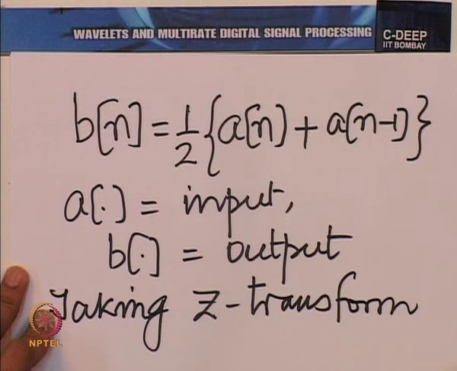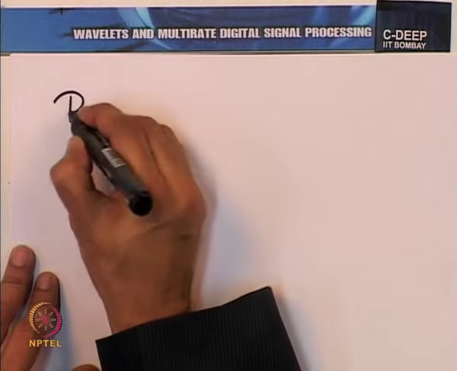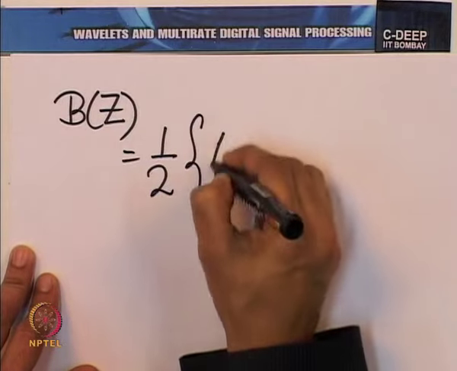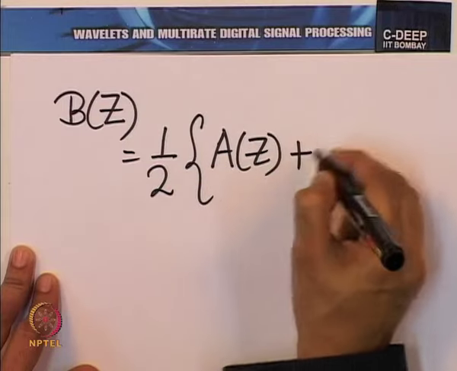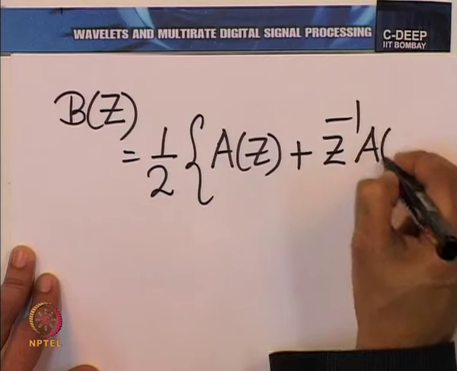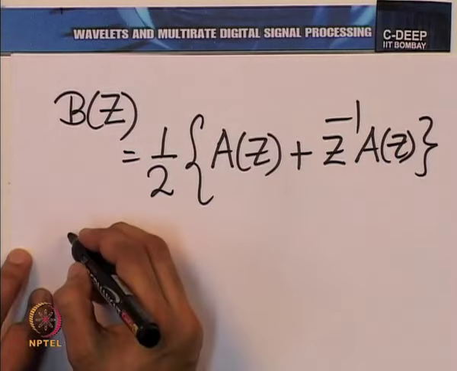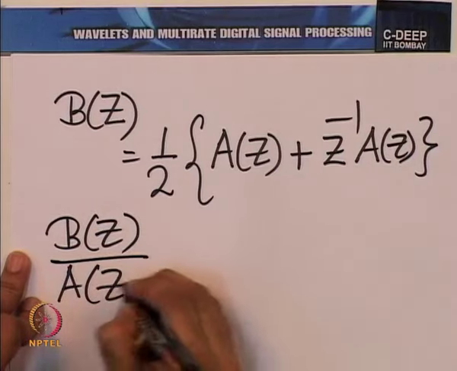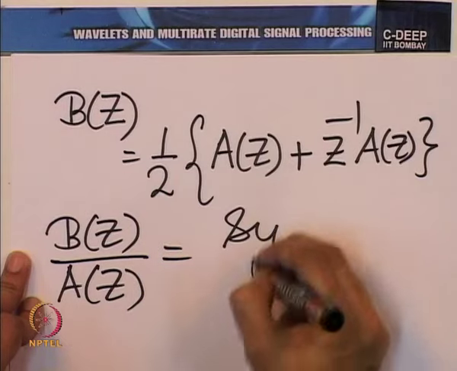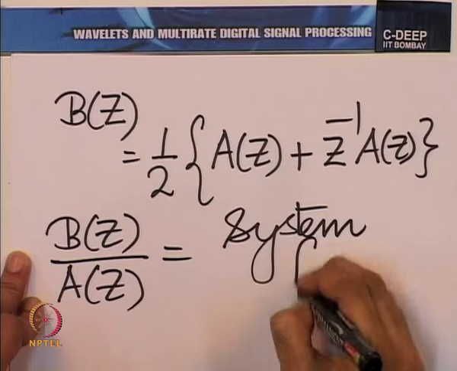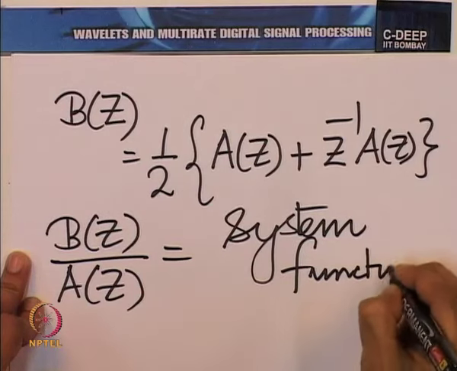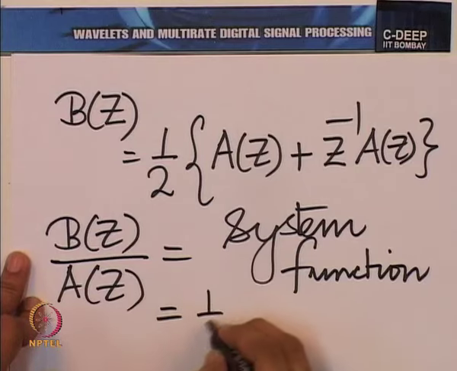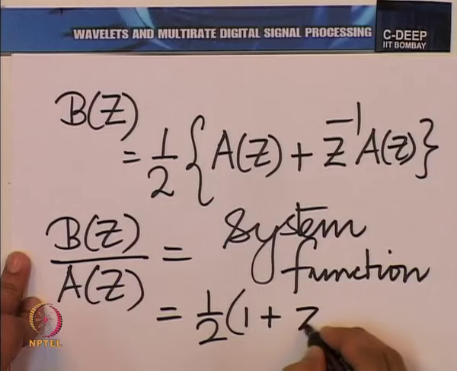So, let us calculate that system function. We get B of z is half of A of z plus z inverse A of z, whereupon B of z by A of z can be obtained, and this is called the system function of the filter. And the system function is easily seen to be half into 1 plus z inverse.